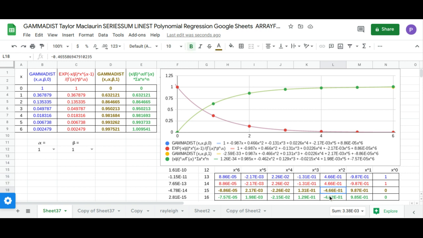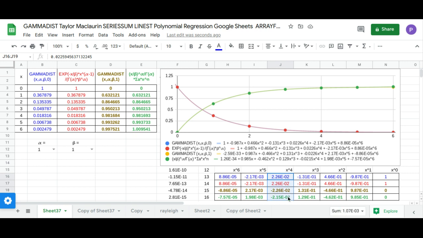And this is also 0.466 negative. Coefficient of x cubed, 0.131. This is negative 0.131. This is positive 0.131. There's a slight error because the Taylor-Maclaurin series sum is only an approximation.